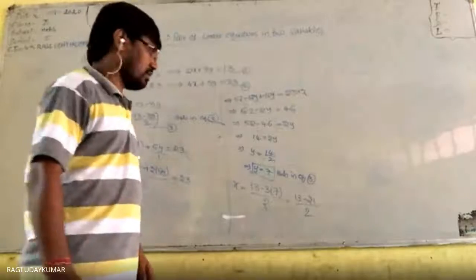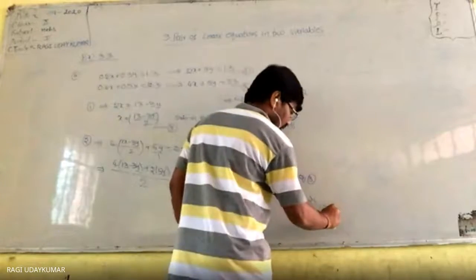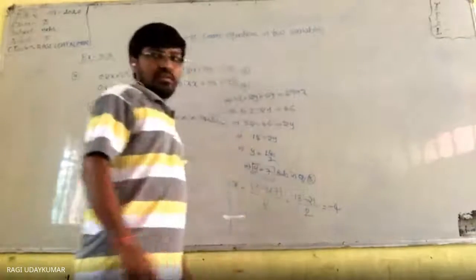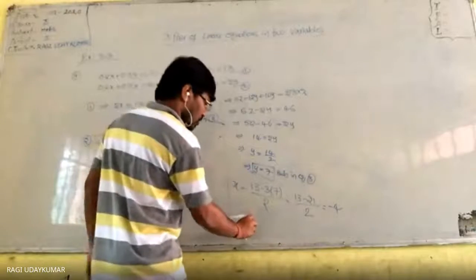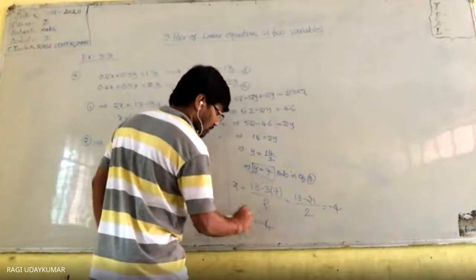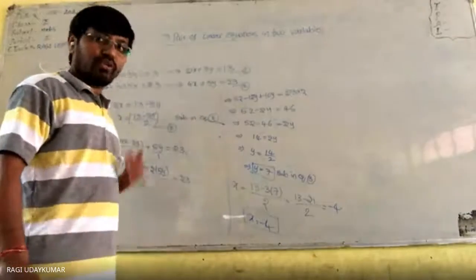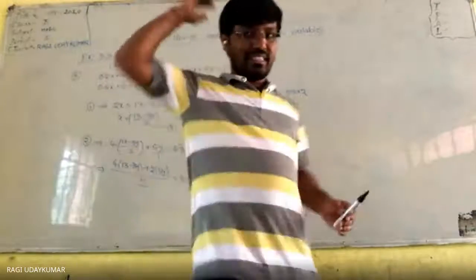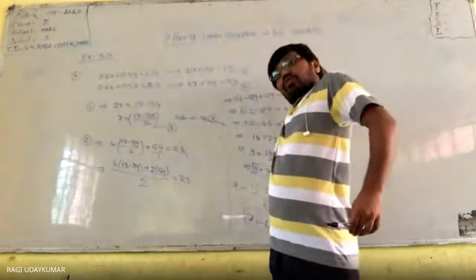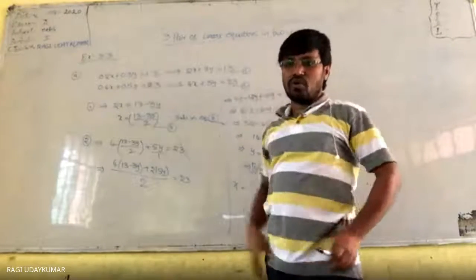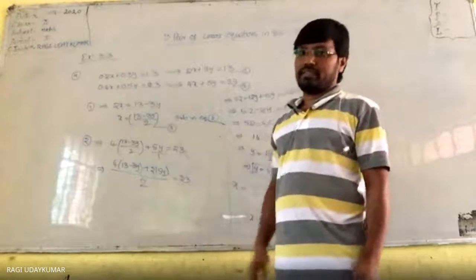So what do you get? Minus 8 by 2 is nothing but minus 4. Therefore x is equal to minus 4. And sorry, I forgot in the previous problem, after getting the solution it can be found in multiple ways. Now I want you people to do this problem in your notebook as homework.